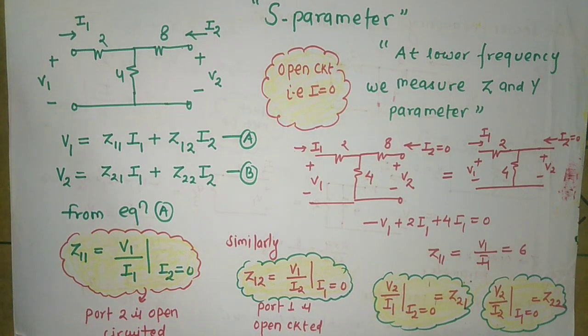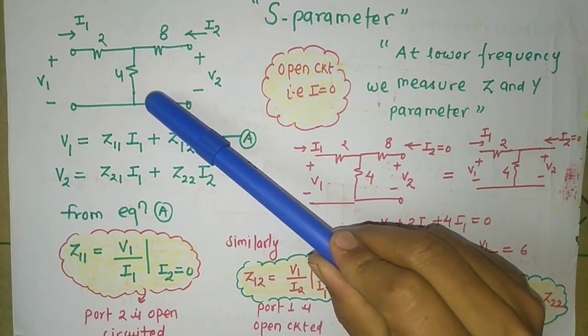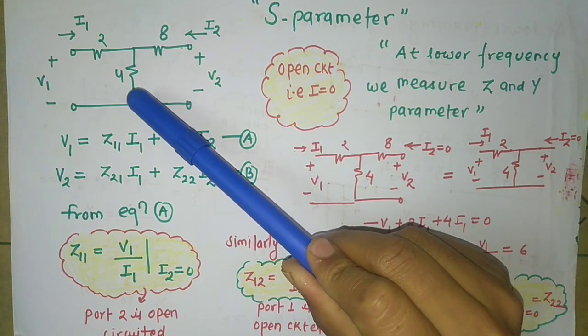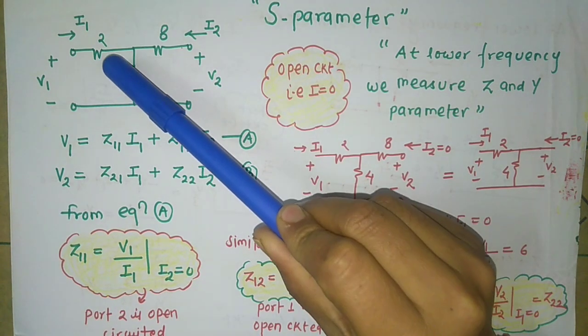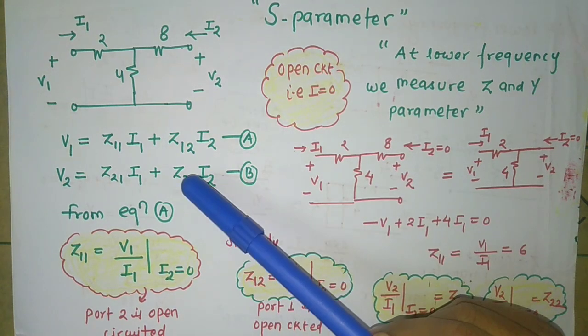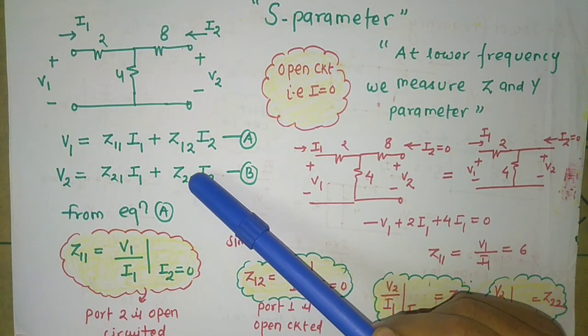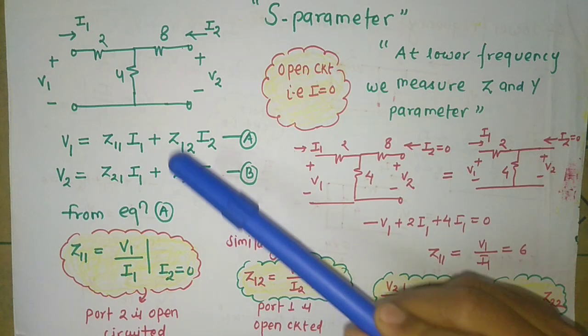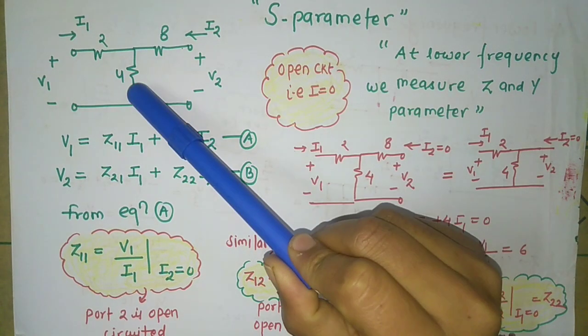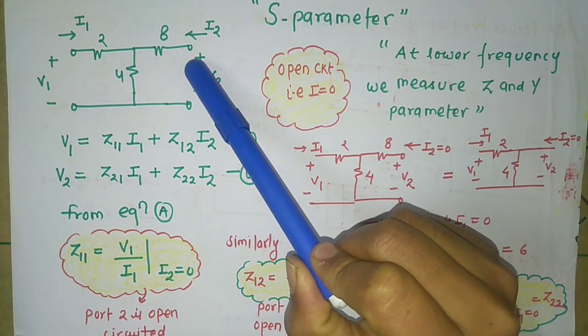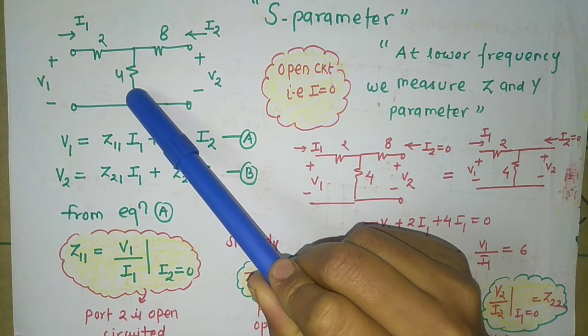This is a linear network because here I have used resistances only, and resistance is an example of a linear element. So a combination of linear elements will produce a linear network. It's a two-port network.